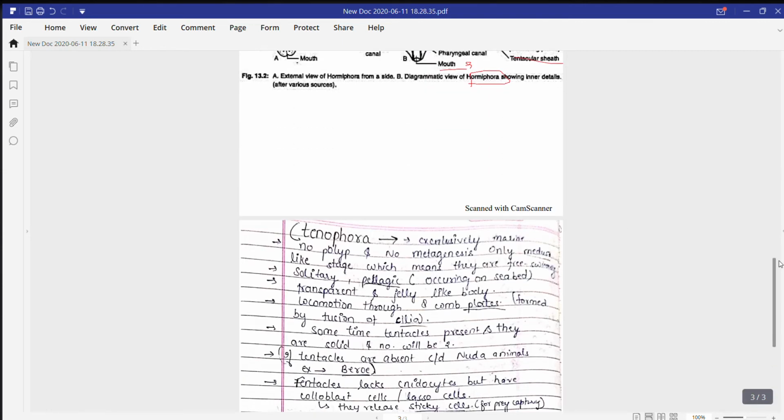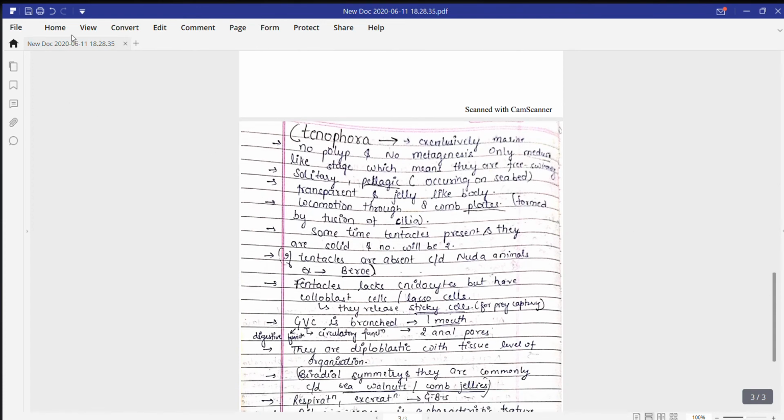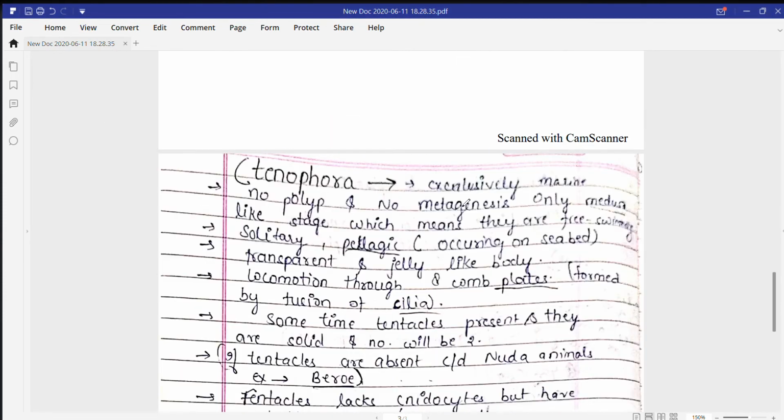Now move to the theory. They are exclusively marine, which means they are found only in marine water. They do not have any polyp stage. In coelenterates there is a polyp stage and a medusa stage, and these go through metagenesis.